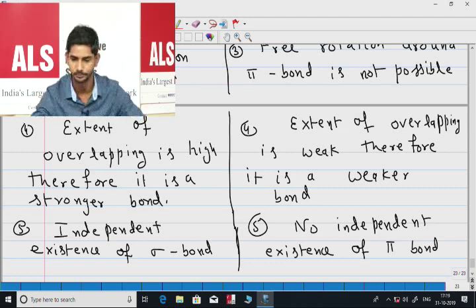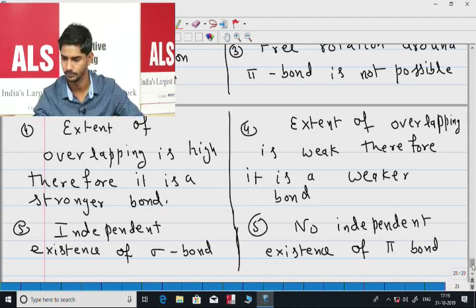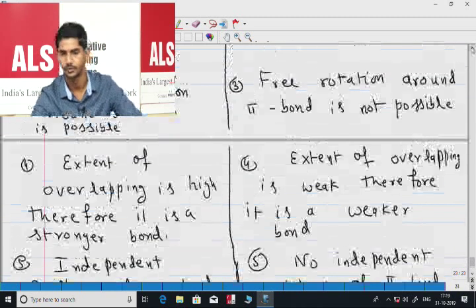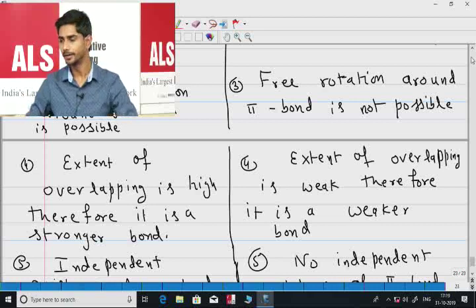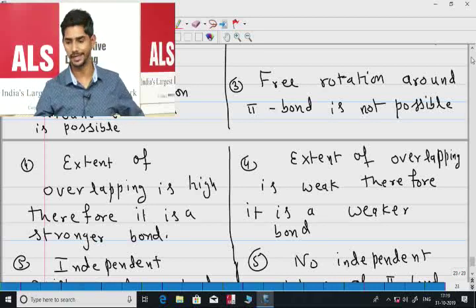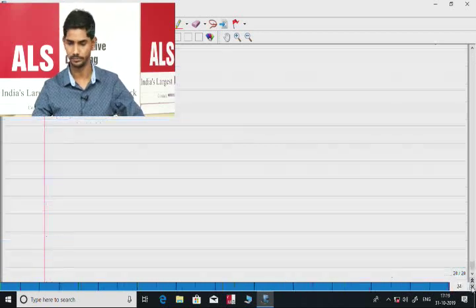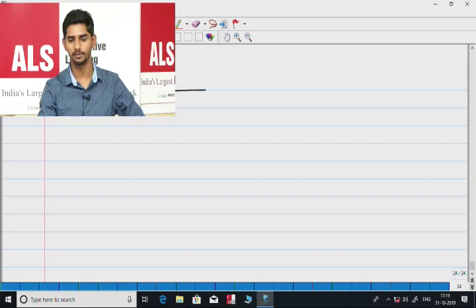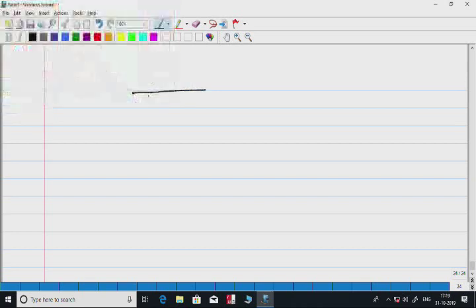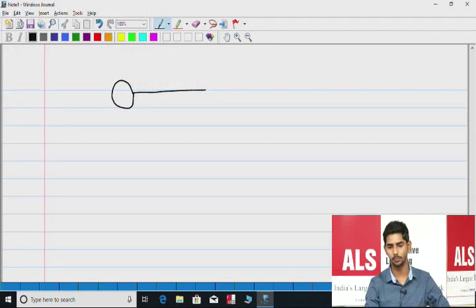Point number 3. Free rotation around sigma bond is possible. Free rotation means the groups attached can move. Let's suppose this is a sigma bond, which is a single bond, and there is a group attached here and a group attached here.